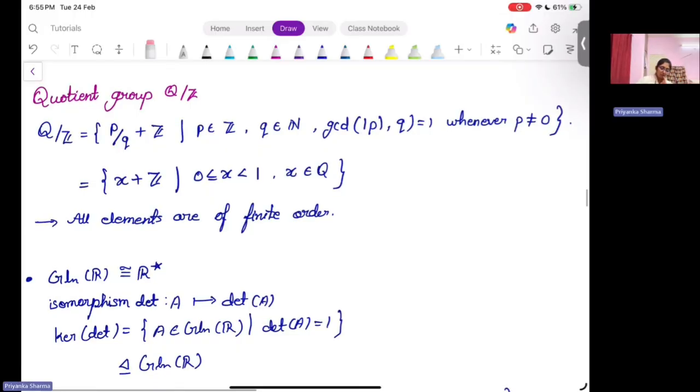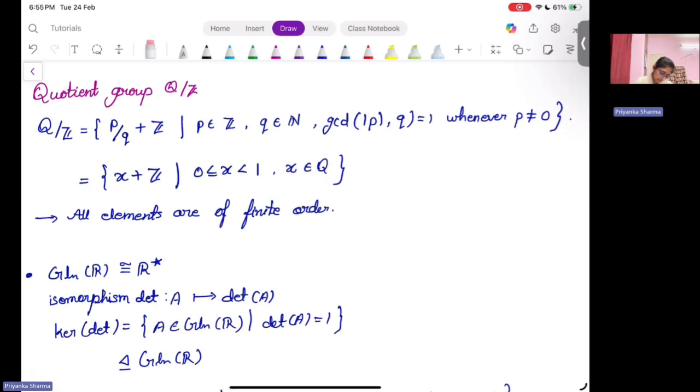Now, the quotient group, which is Q over Z. This is discussed in lecture videos in detail, so I'm just giving a quick summary of this. Q over Z is the group of elements of the form p/q + Z, where p belongs to Z and q belongs to N, then GCD of absolute value of p and q is 1, whenever p is non-zero.